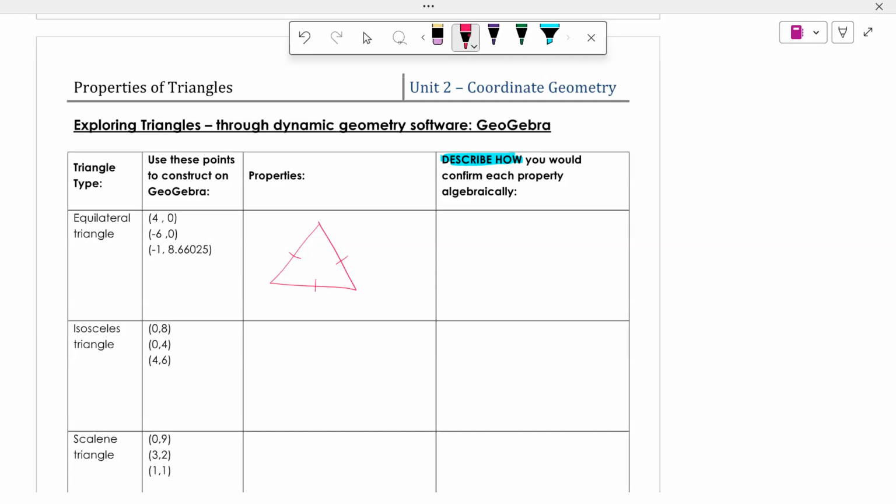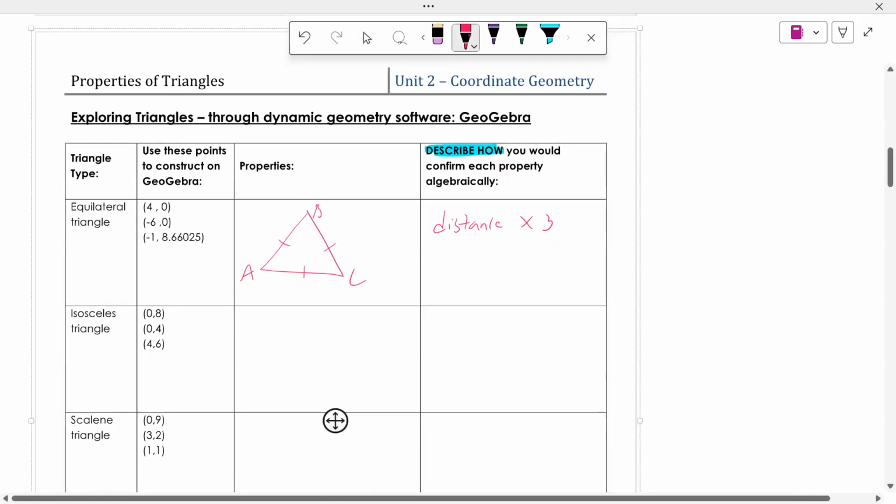Well, unfortunately, you'd have to just use the distance formula 3 different times. And if all the answers are the same distance, so if I call these A, B, and C, the distance from A to B is the same as C to B is the same as A to C, then you can say, yep, it's got to be equilateral. Now, if we think back to isosceles, we could do that as well.